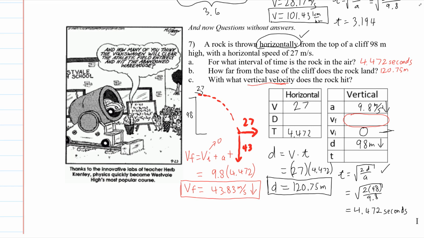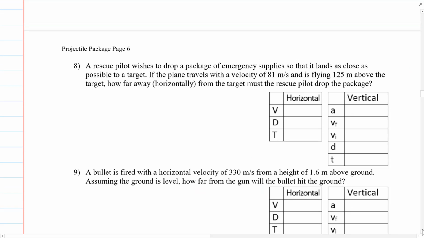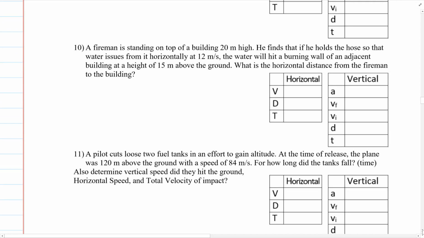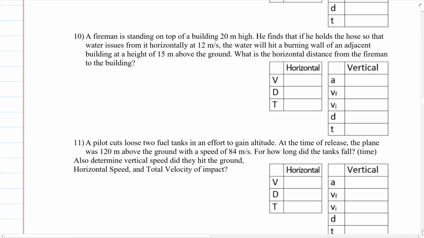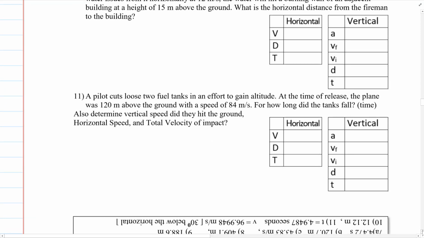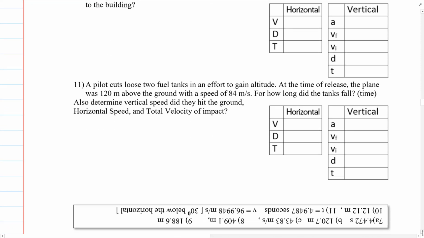Well, let's assign some homework. If we turn to the next page, page 6, there are questions 8, 9, 10, and 11. Four more questions, and you'll notice that the answers are out there.